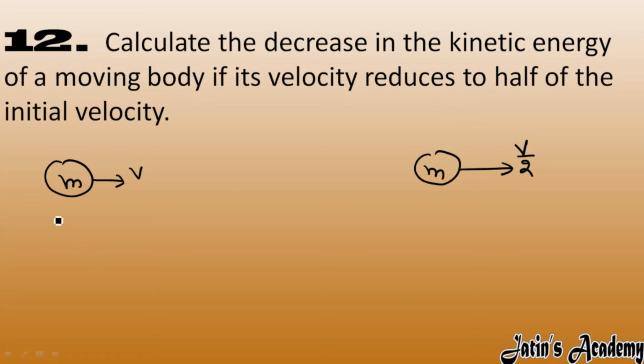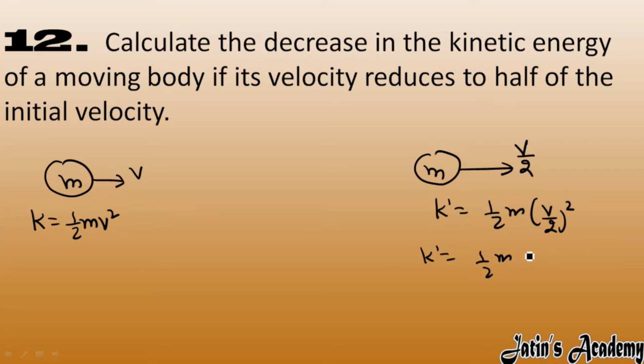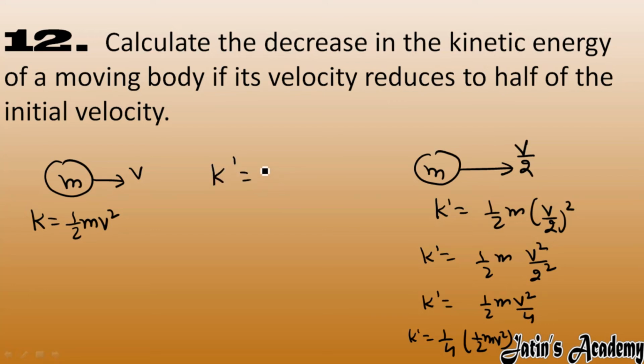So initial kinetic energy is half mv square, and final kinetic energy is half m into v by 2 square. So k dash is half mv square by 2 square, which becomes half mv square by 4. So k dash is 1 by 4 into half mv square, and half mv square we take as k. So k dash is 1 by 4 k.